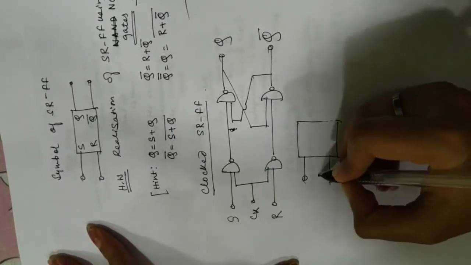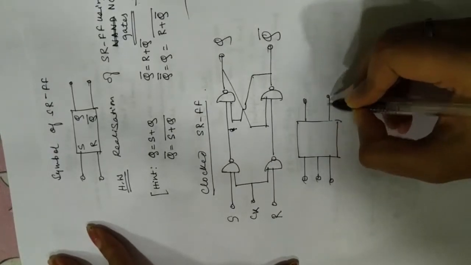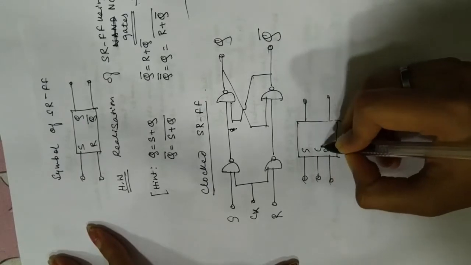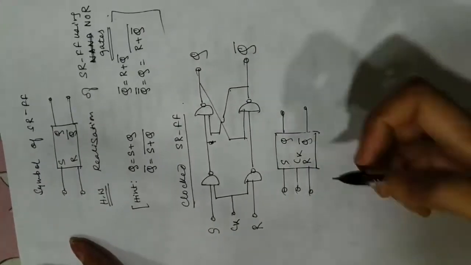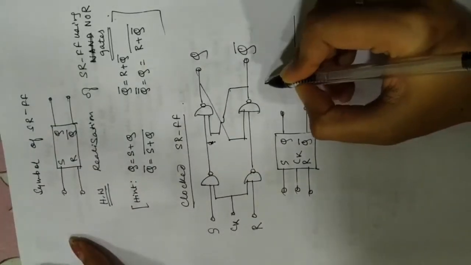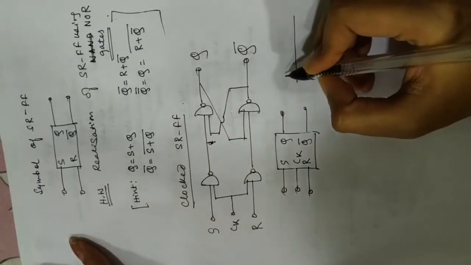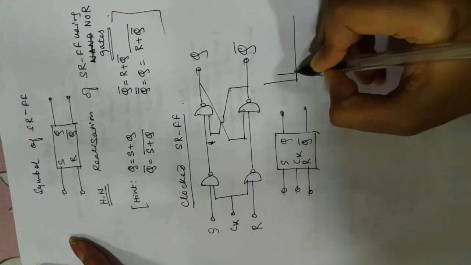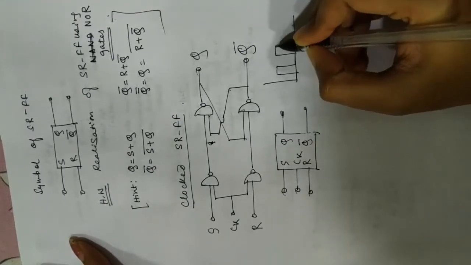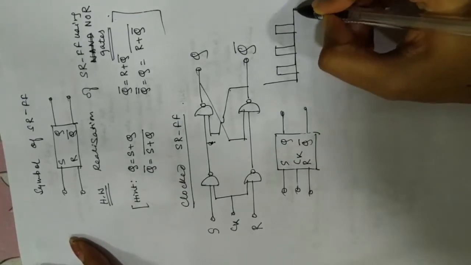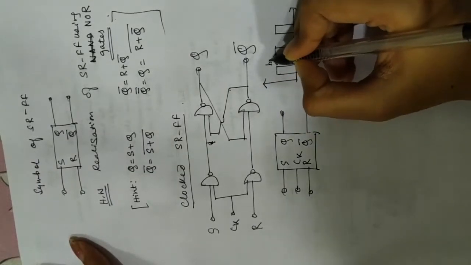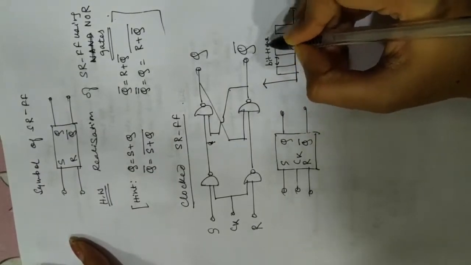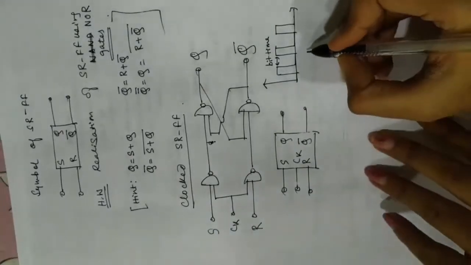It's all the same, just that you have a clock: S, R, CK and Q and Q bar. Say this is the structure of a clock pulse. This is the bit time, or the interval between two clock pulses.